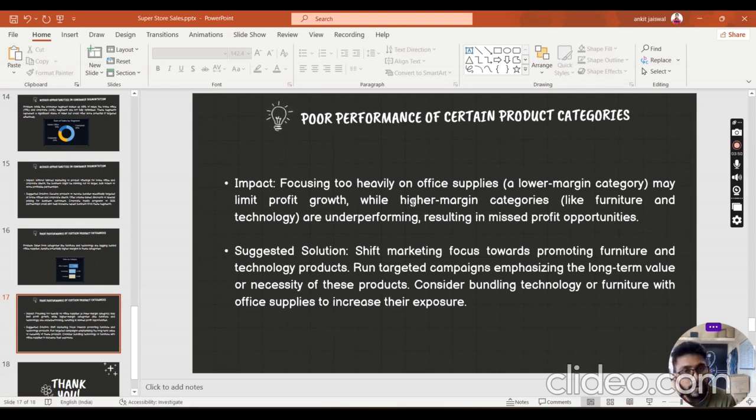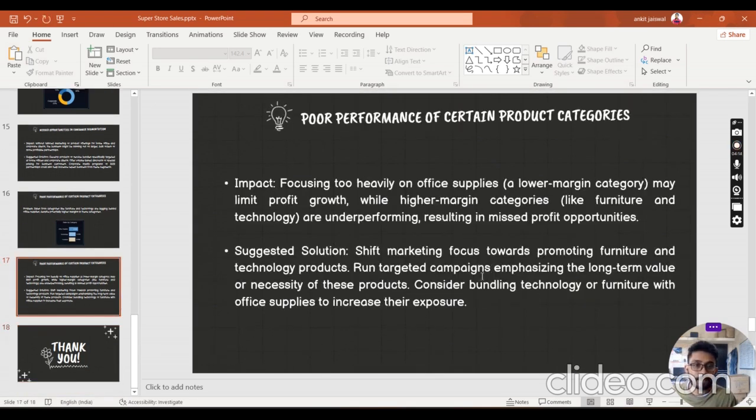While higher margin categories like furniture and technology are underperforming, it results in missed profit opportunities. So this could be a potential reason why we are not generating profit, although we are generating huge sales and revenue. The suggested solution could be to shift marketing focus towards furniture and technology products. This can generate long-term necessity for these products.